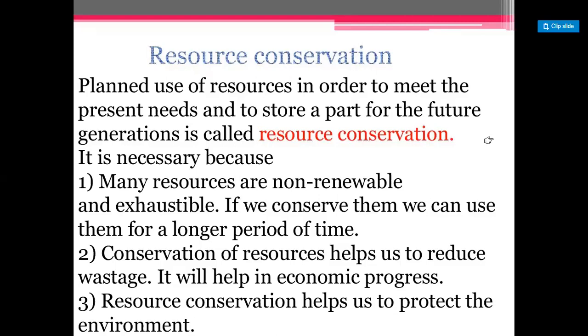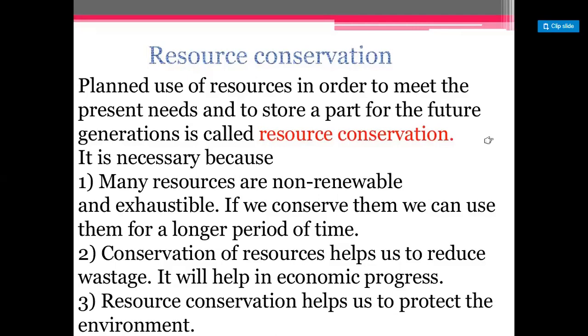Can anyone give me an example of those resources? The resources which are renewable, but due to over exploitation of them, slowly they are also converting into non-renewable resources. Anyone? Ma'am, coal and petroleum. Because those are the non-renewable resources. Ma'am, they are non-renewable only.